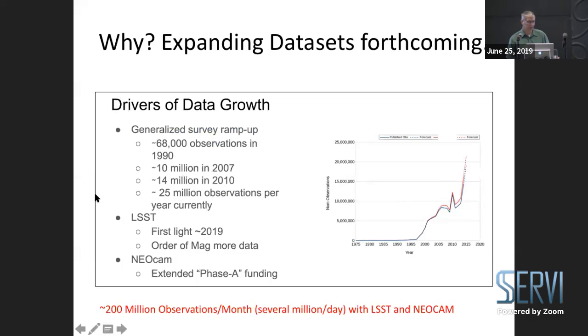Currently, per year, it's at about 25 million observations. With LSST and NEOCam, it's expected on the order of 200 million observations per month will be received and need to be processed by the Minor Planet Center. So we will need bigger plots, so that's important.